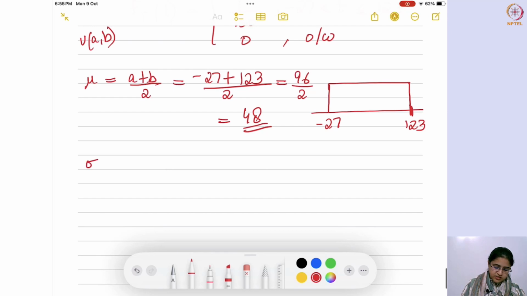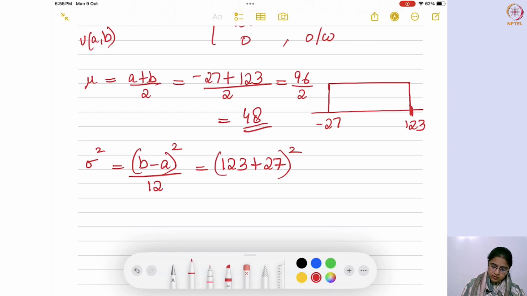Similarly, the variance for the uniform distribution is (B minus A) whole squared by 12. If you substitute, 123 minus (-27), that would be plus, so 150 whole squared by 12, which is around 1875. You can check this.